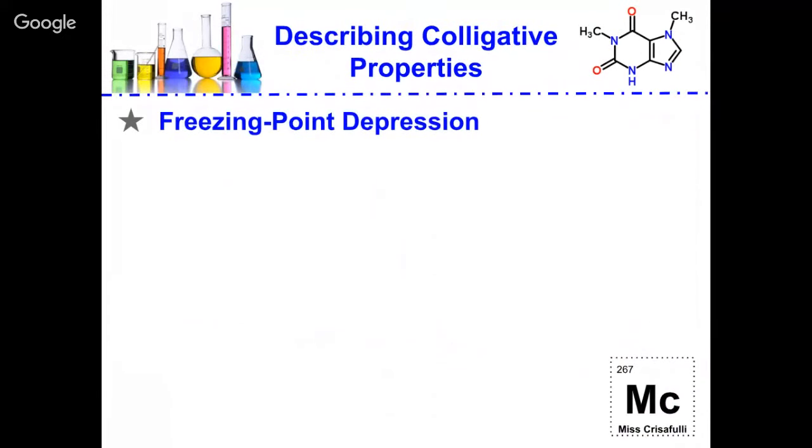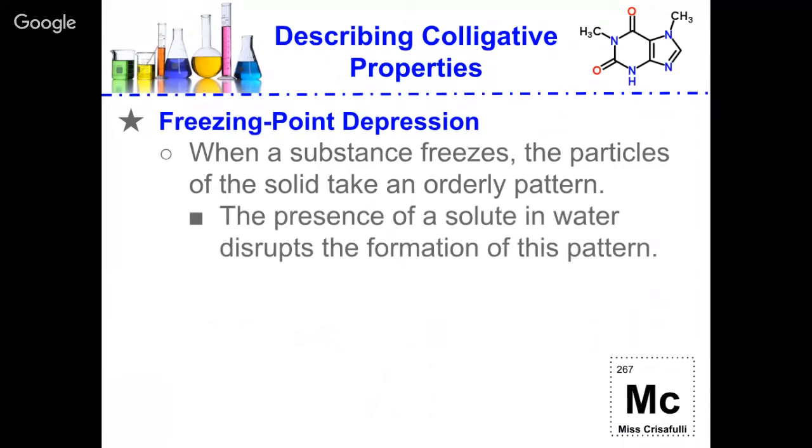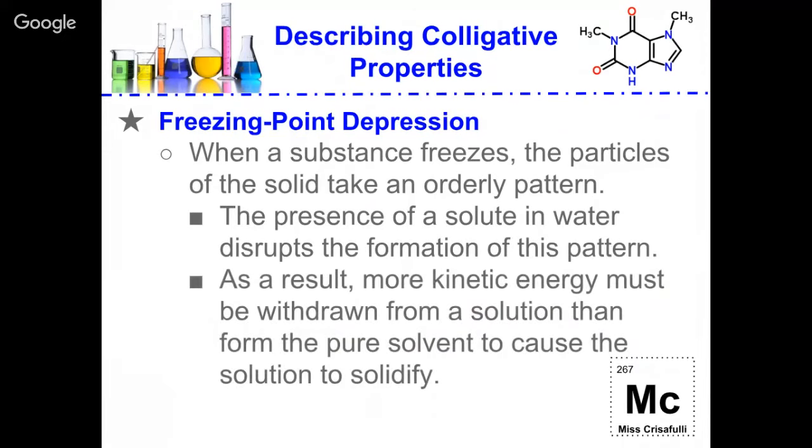Now let's talk about freezing point depression. When a substance freezes, the particles of the solid take an orderly pattern. The presence of a solute in water disrupts the formation of this pattern. As a result, more kinetic energy must be removed from the solution for the pure solvent to go into the solid phase and get into that arranged pattern.